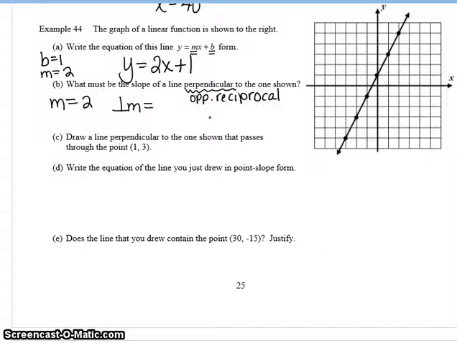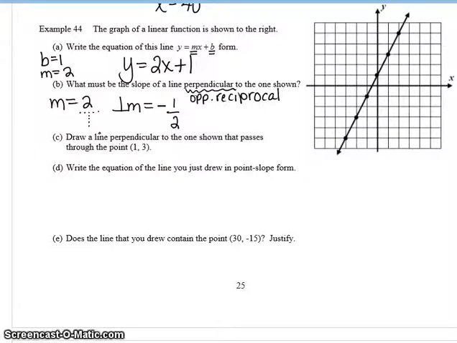So right now we have positive 2, so you know it has to be negative because it's got to be the opposite. And 2's reciprocal is 1/2. Okay, now you might say, where's that 1 coming from? Any whole number sitting over that imaginary 1. So we say positive 2 and negative 1/2 are opposite reciprocals.